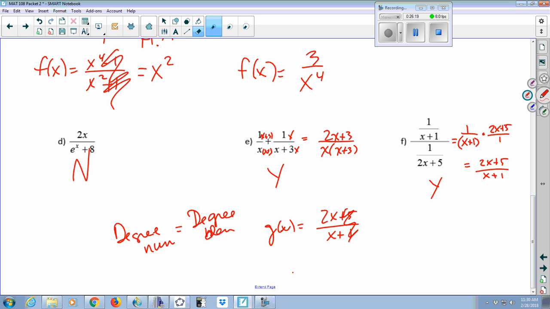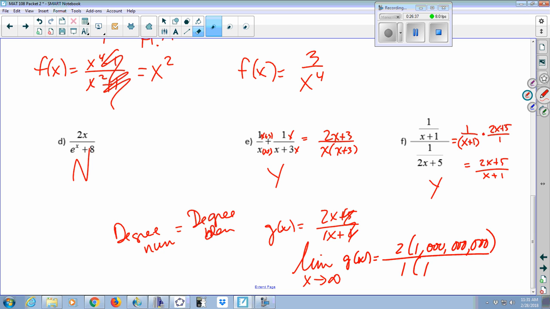And now you say, what happens to this function as x gets really large in either direction? We'll just look at one for a minute. What happens to g of x? Well, if you put in 2 times 1 billion over 1 times 1 billion, you get 2. It's the ratio, it's always the ratio of your leading coefficients.